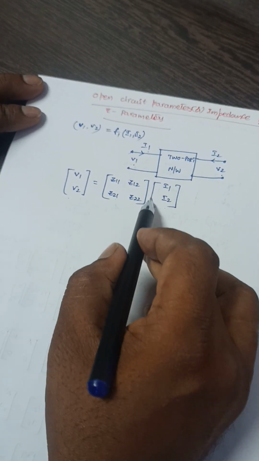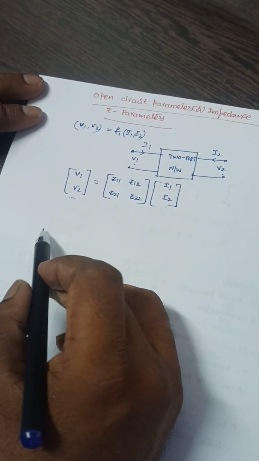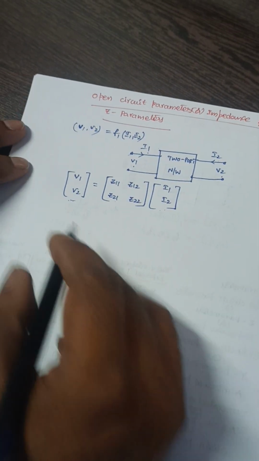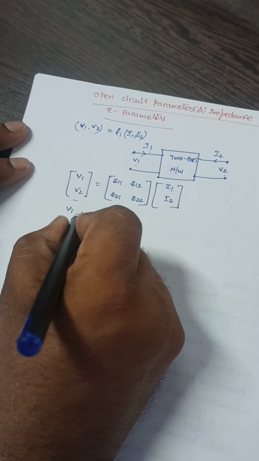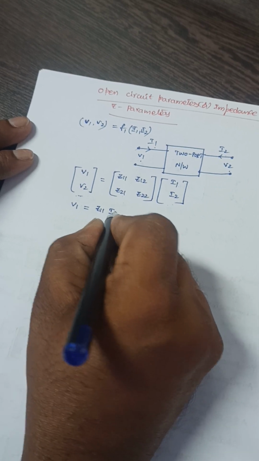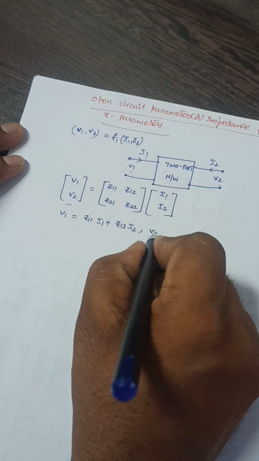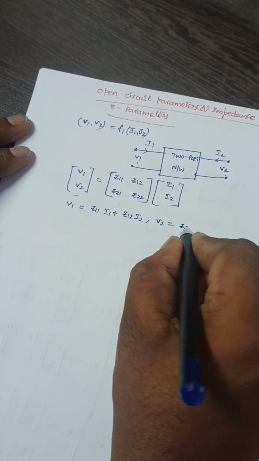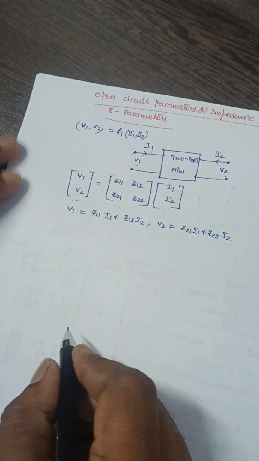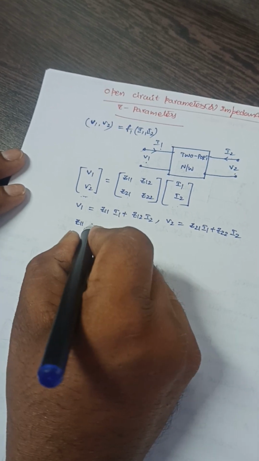So these are the independent parameters, and these are the dependent parameters. In equation representation, V1 is equal to Z11 I1 plus Z12 I2, and V2 is equal to Z21 I1 plus Z22 I2.